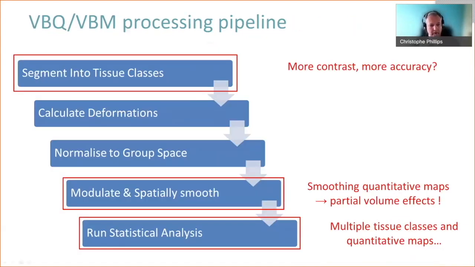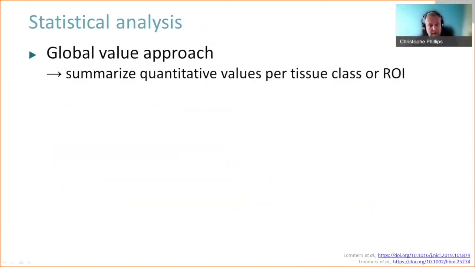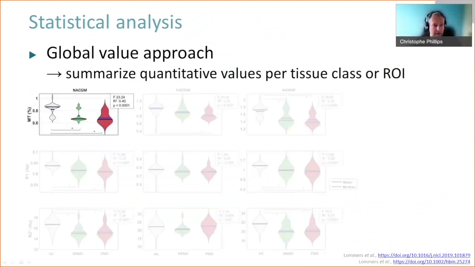Now, when it comes to statistical analysis, there are various ways of proceeding. A very simple way is to simply summarize the overall signal per tissue class or region of interest. And here you would look at the signal, the MT value for 3 groups of subjects in the cortical gray matter.